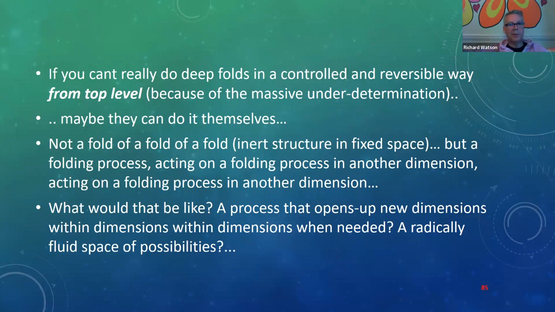This would mean that you're not doing a fold on a fold on a fold on a fold that makes an inert structure in a fixed space, but you're doing a folding process that's acting on a folding process in another dimension, that's acting on a folding process in another dimension, so that the top level isn't trying to do all of the work. What would that be like? It's like a process that opens up new dimensions within dimensions within dimensions when needed, a radically fluid space of possibilities.